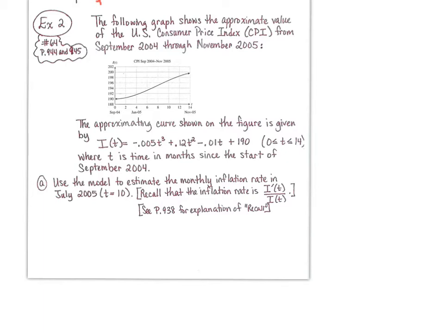Now that you've found I prime of t, the inflation rate is I prime of t divided by I of t.